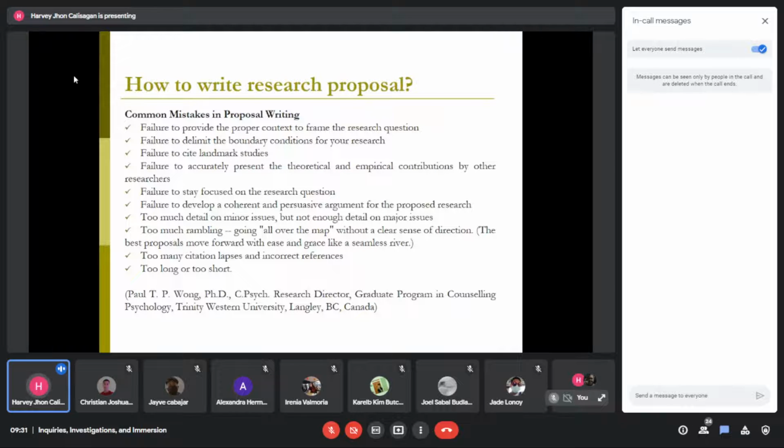Failure to stay focused on the research question. Okay. Again, be creative but constructive, do not be too imaginative. Your imaginative mind will not get you to a very effective and sufficient answer to your question, because your question is quite serious, quite formal.